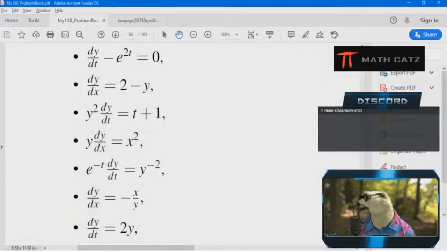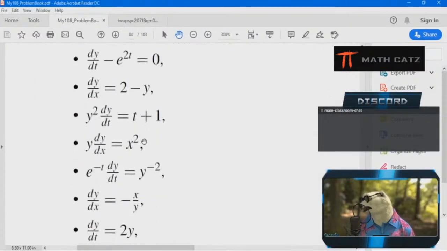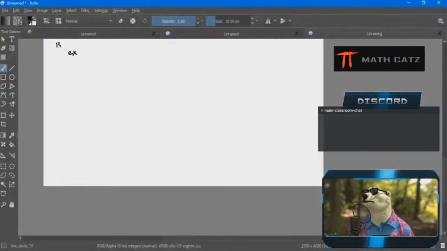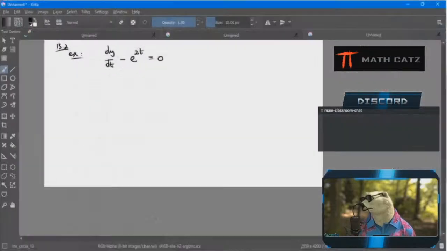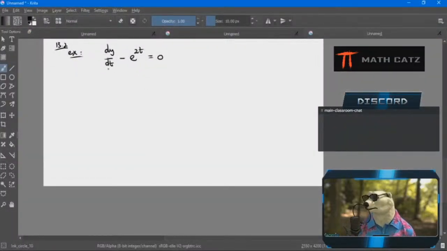So this is now in 13.2. dy dt minus e to the 2t equals 0. This is a differential equation because it has a derivative in it, which means my answers are going to be functions, this time functions in t. So we're looking for a function in t, a function called y, based on this derivative's name, such that this equation is true.